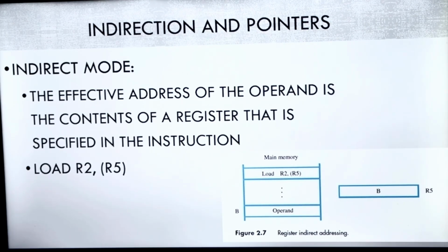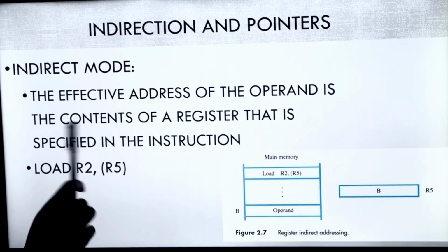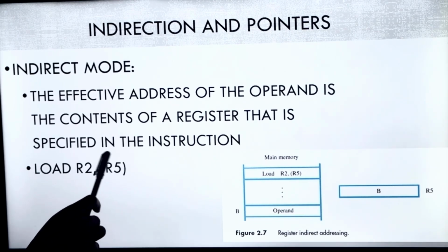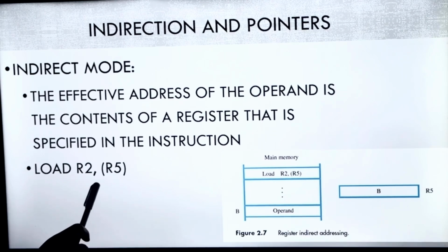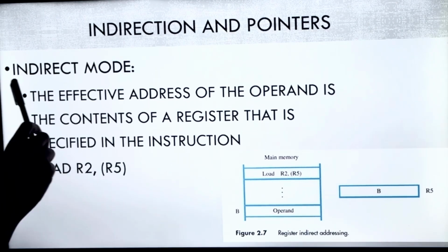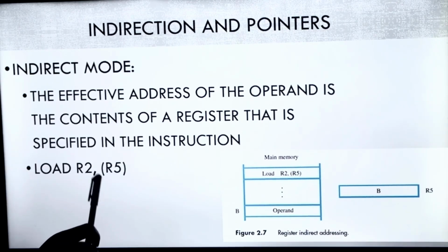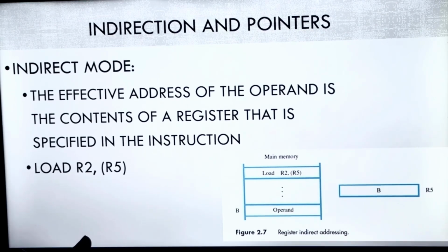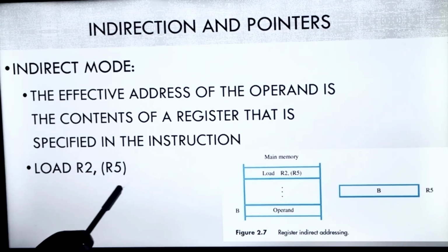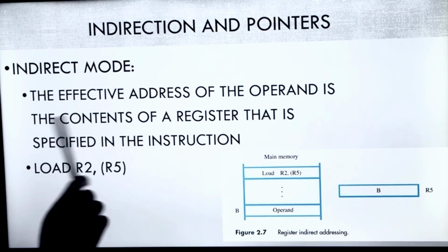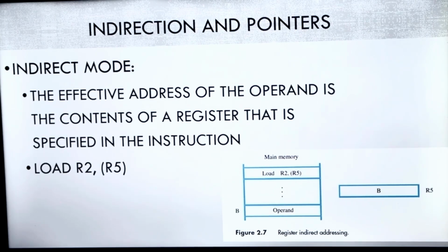In the previous case, if you write R2 comma R5, R5 is holding the actual data. But if you write this bracket and use indirect mode, R5 is holding the address of the actual data. Then you have to go to that particular address and you will get the data. This is how indirect mode works, right?